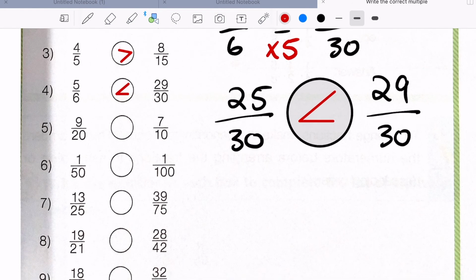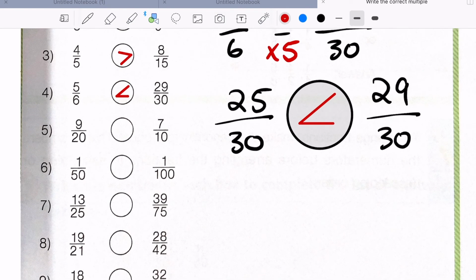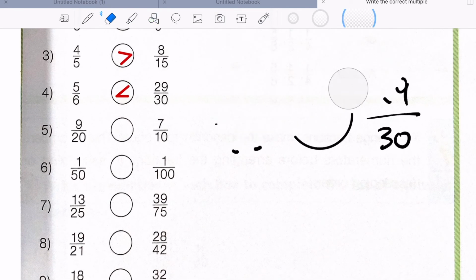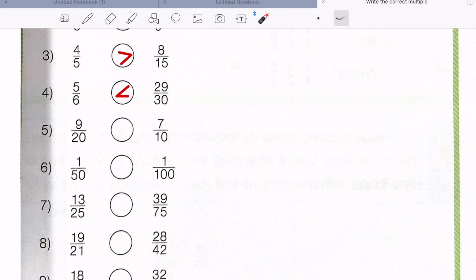So let's take a look at number 5. Let me erase this work. All right, number 5. Here we have 9/20ths and 7/10ths. We need to turn this 10 into 20.